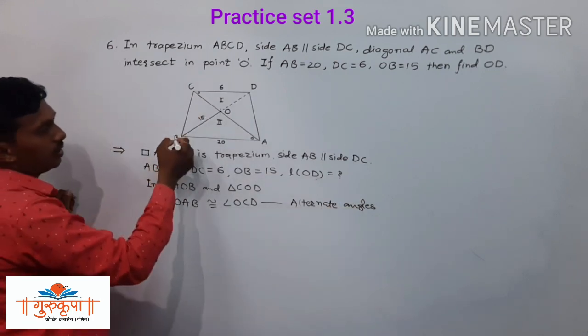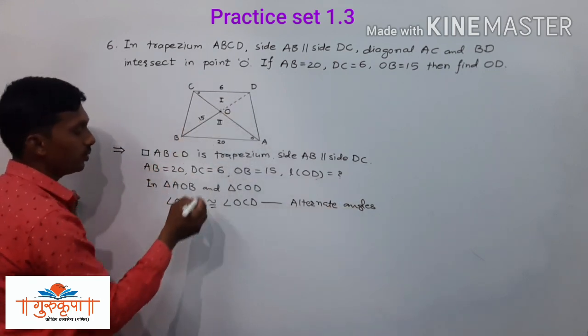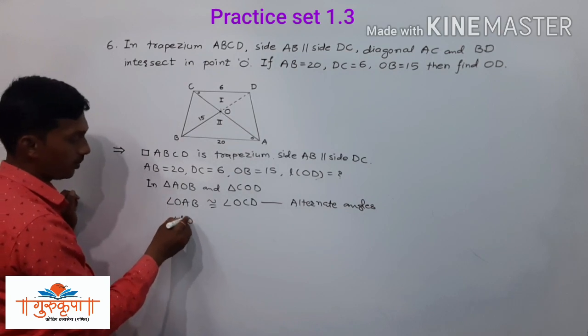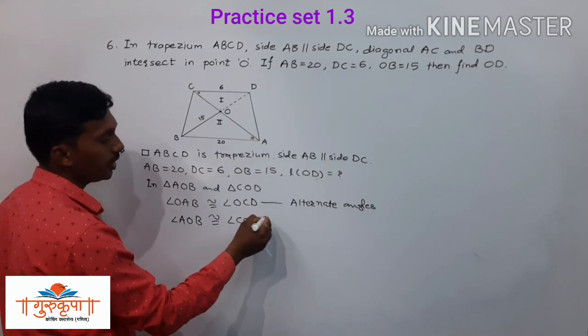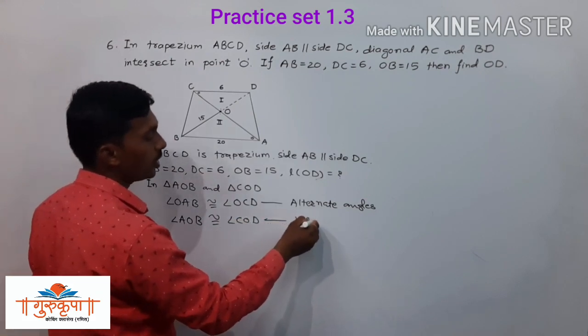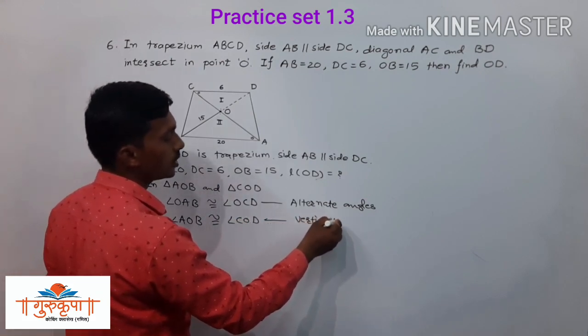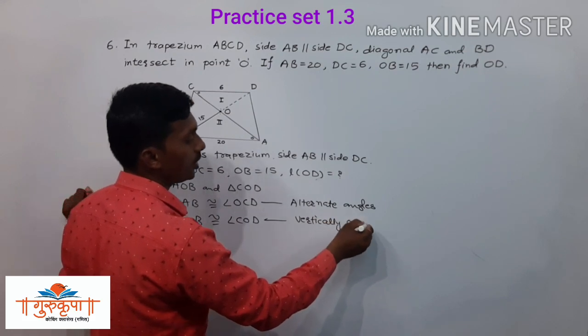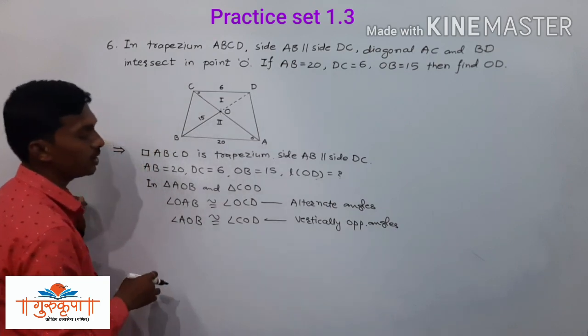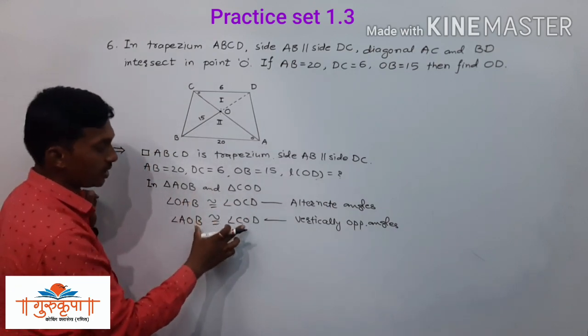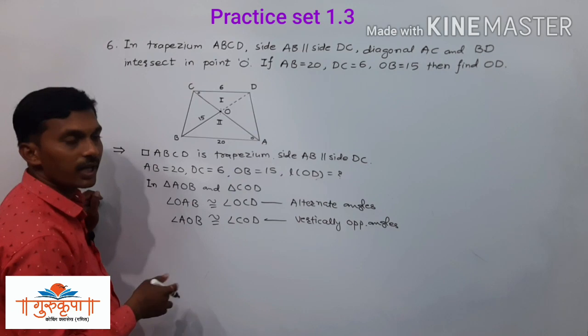Then angle AOB is congruent to angle COD, and the reason is vertically opposite angles, since they are congruent with each other. Now both the triangles are similar to each other by the angle test.